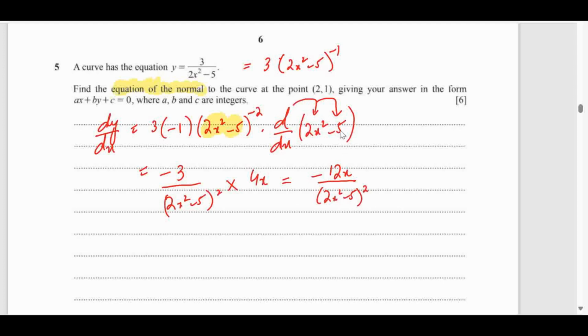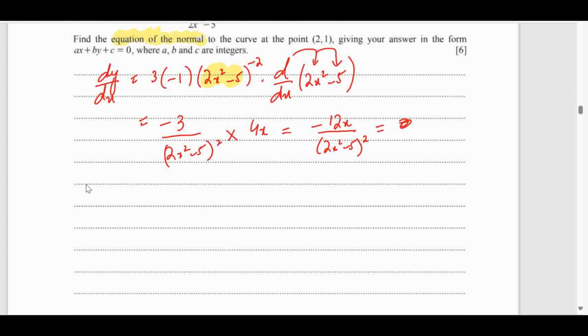Now the point is (2, 1), so we need to put the value x = 2 into the gradient.